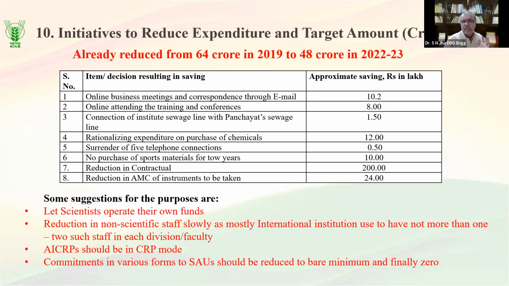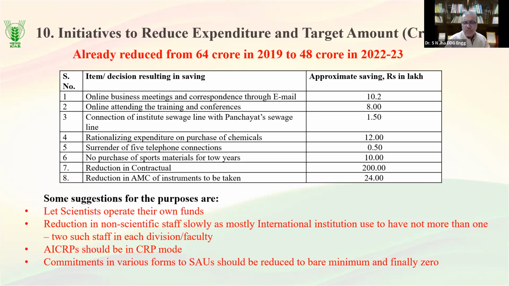So can ICAR think towards that? Because presently also what I have seen at an institute level, that for most of the procurement, scientists have to do everything, even making the comparative statement and whatnot, everything.